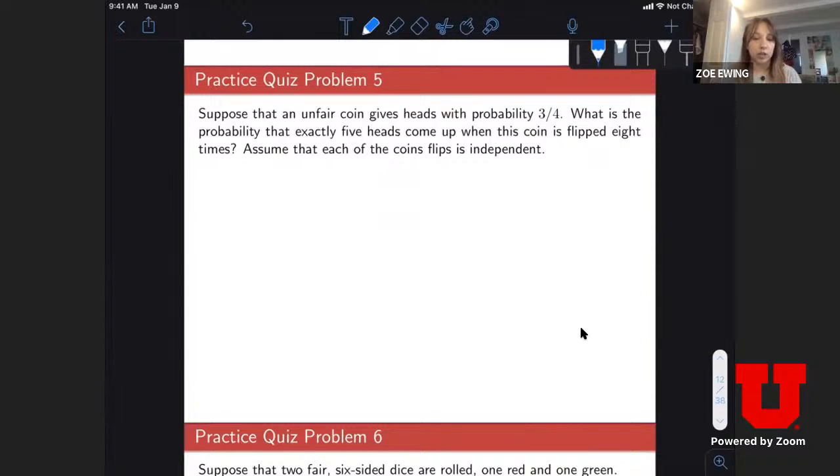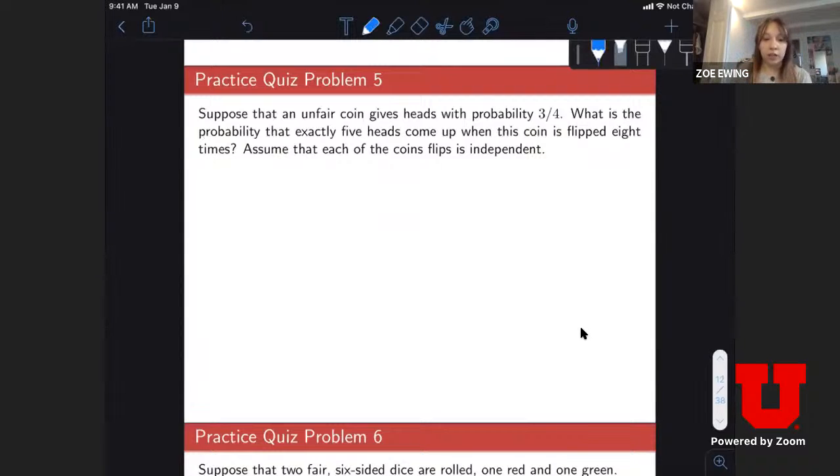The flips are independent, the coin has a known probability, and we have a known number of flips, but that formula was only for expected number, and this is just asking what the probability is.